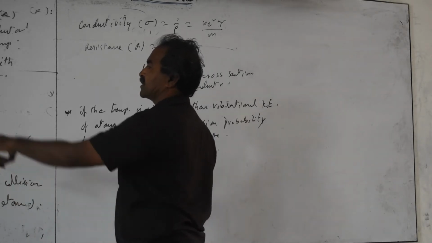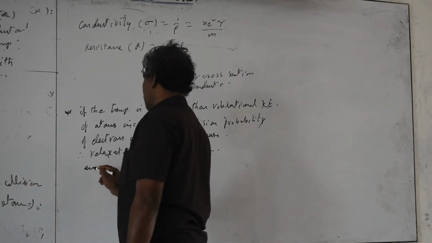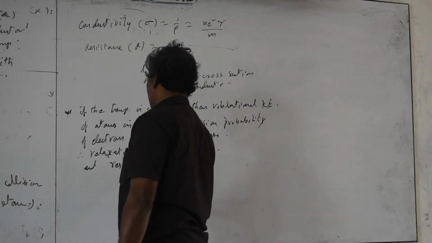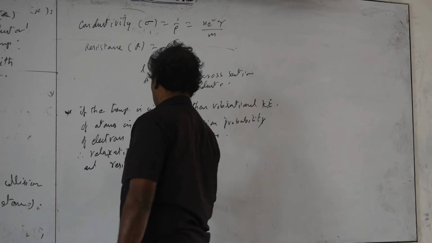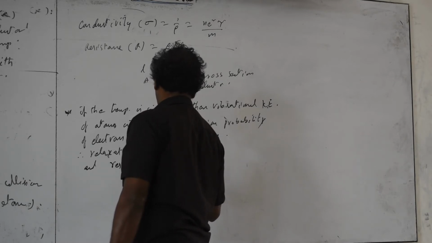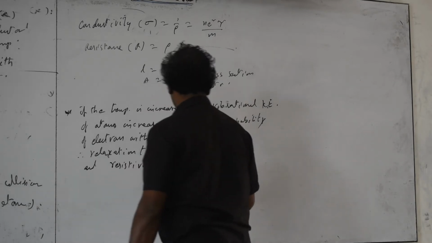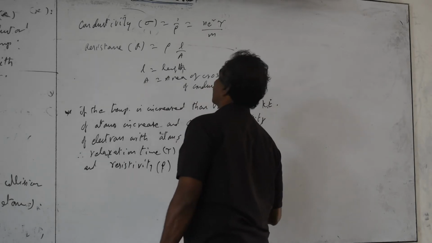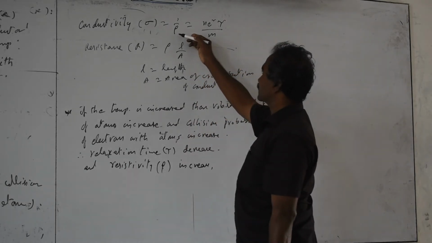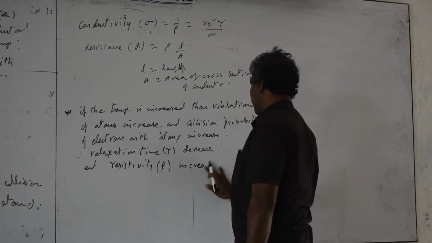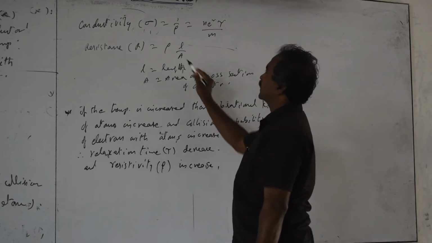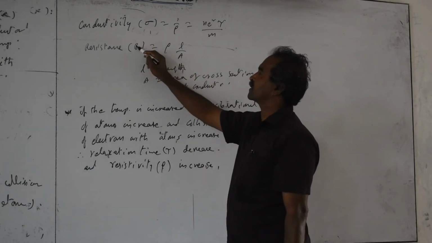Tau decreases means resistivity increases. Whenever the resistivity increases, conductivity decreases, and resistivity increase means resistance also increases.